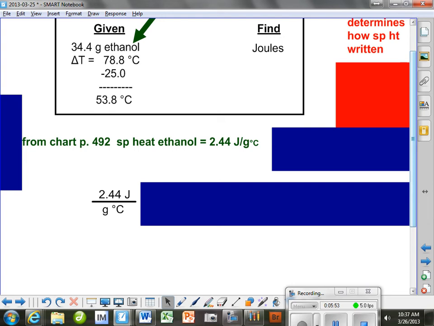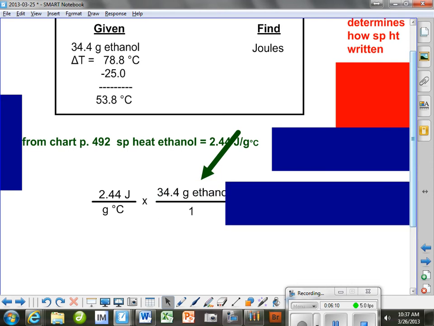So, the bottom is going to be 1. Remember in a lot of our fractions we were writing a given quantity over 1. That's what we're going to do in this one. So what would my next fraction look like? 34.4 grams of ethanol over 1. All right? Folks, you need to write all of this.